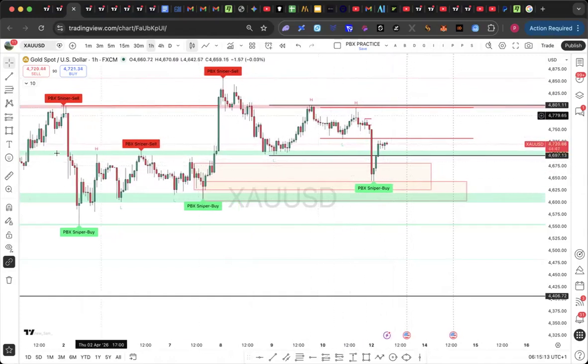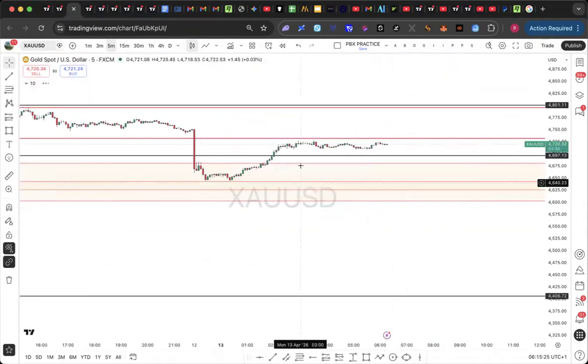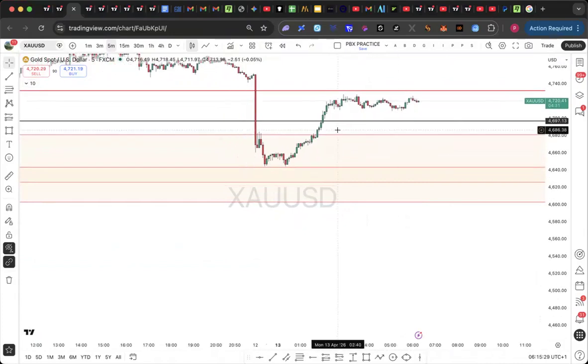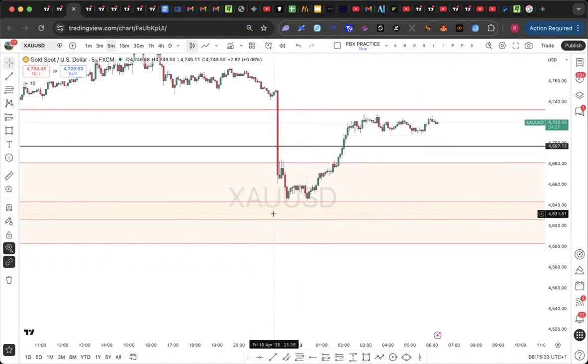Now, coming to 1 hour time frame. As the market returns back to this region on your 1 hour, you're supposed to go to 5 minutes immediately. Then that could give you probably an entry, but if you are going to work by market structure, you are going to work by the market reactions.